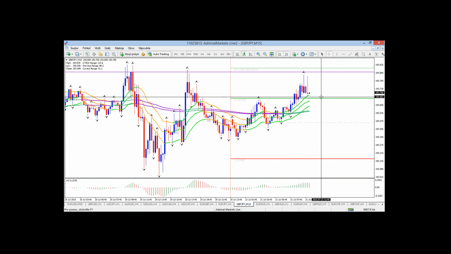So I think this is one that's worth keeping an eye on. This is actually a bit further than the pound dollar. I would like to see price dip into here, show some sign like maybe an engulfing for upside.